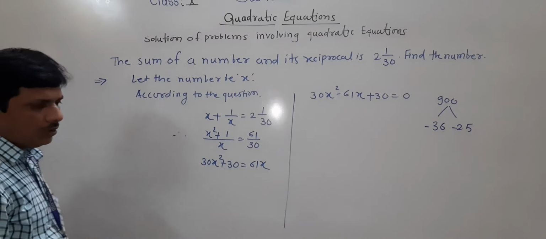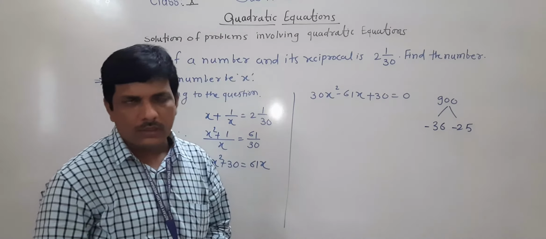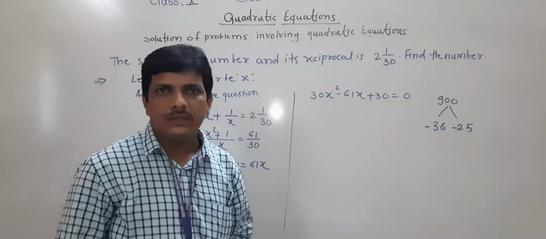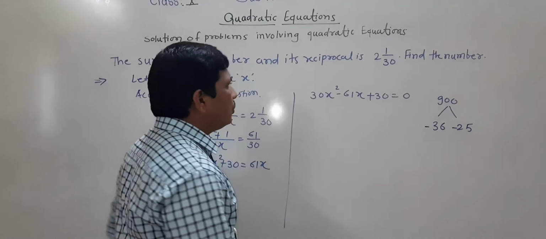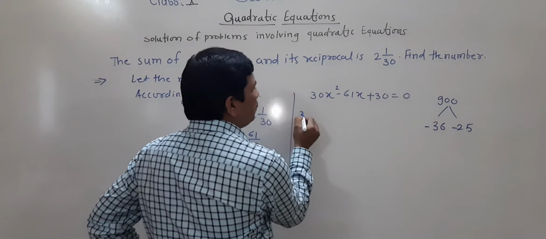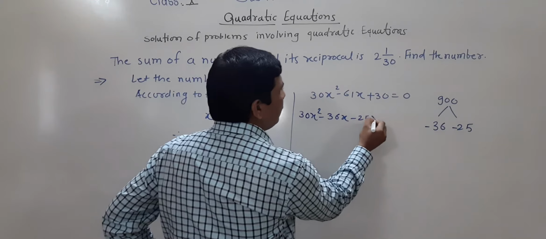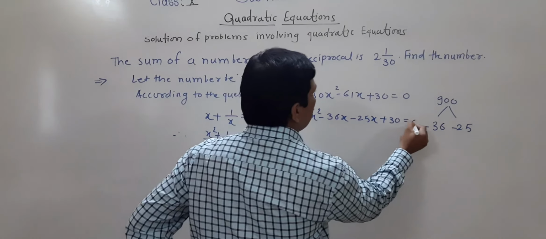If any confusion you get here, at that time you can use the quadratic formula also. Okay, and by the quadratic formula also you will get the factors. So now I am putting the factors for the middle term. So 30x square minus 36x minus 25x plus 30 is equal to 0.